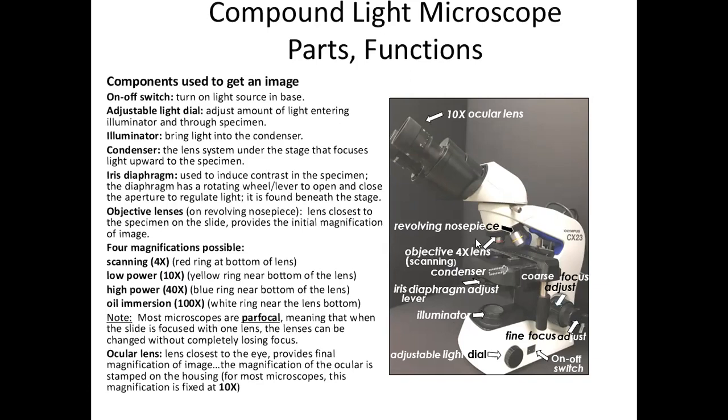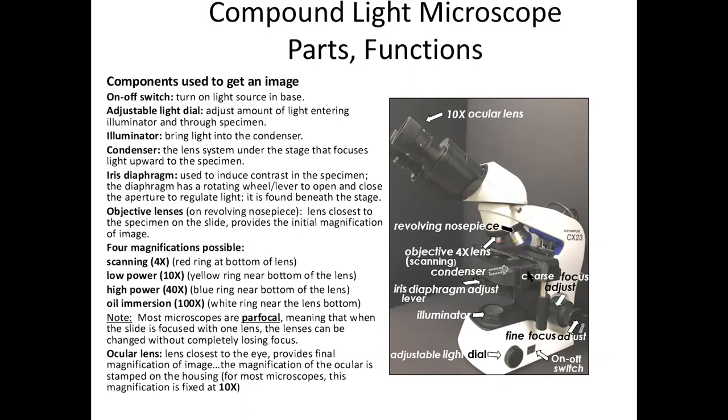Now, I talked about the objective lenses here on the nose piece. These have the 4, the 10, the 40, and the 100. And I mentioned briefly this ocular lens. There's also a lens in here, and it has a magnification power of 10x. So if you're on the 4x objective looking through the ocular lens, your total magnification power is 4 times 10, 40x.